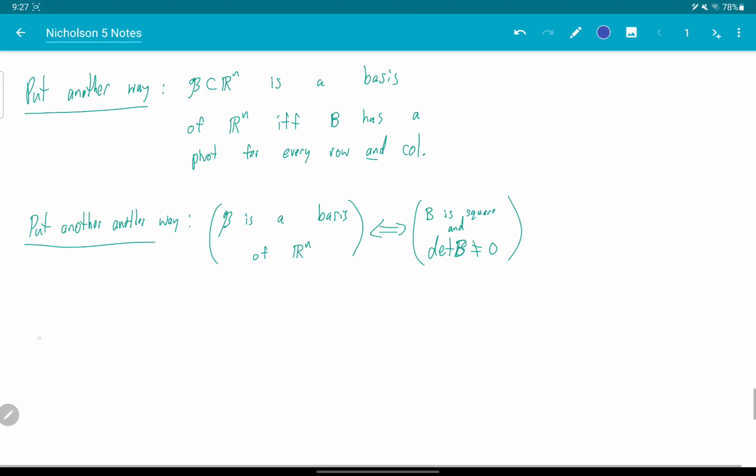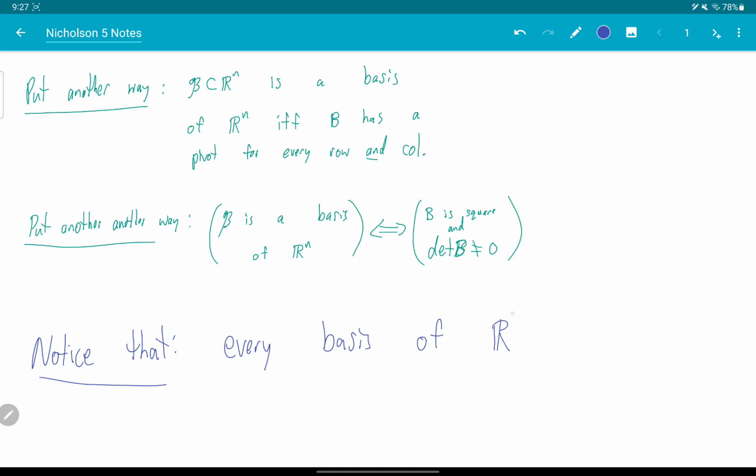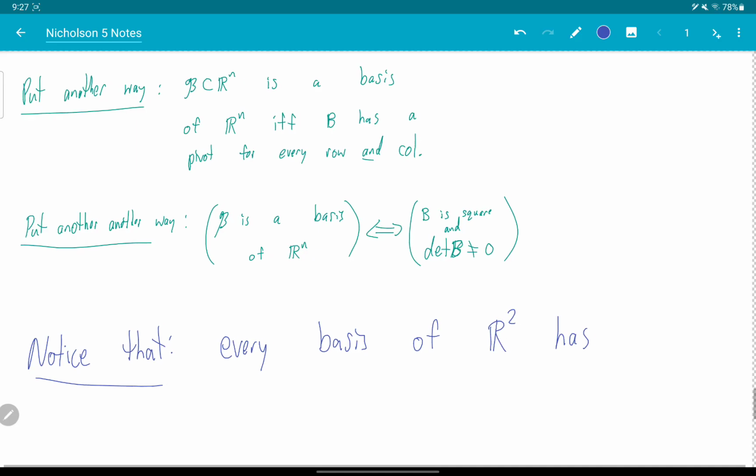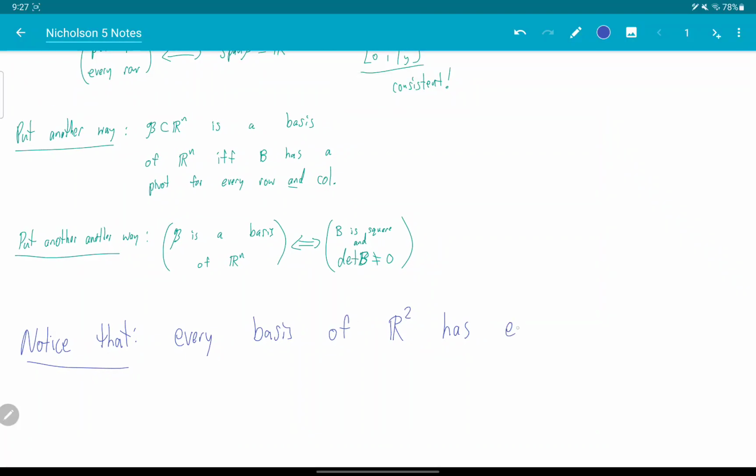Okay, now we will notice that every basis of R2 has exactly two vectors.